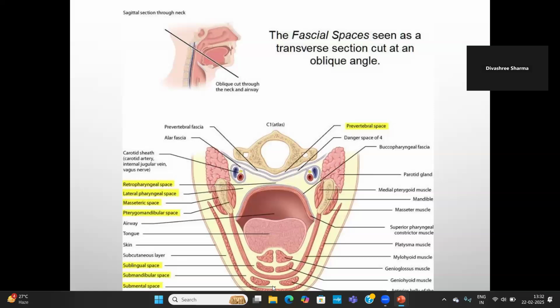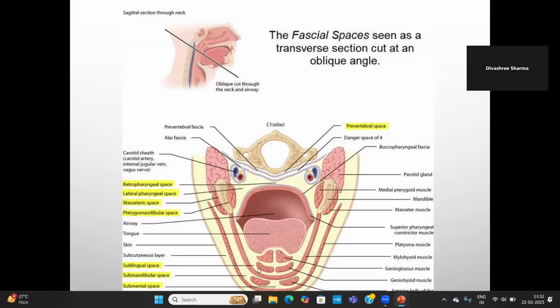Now, between the anterior and the posterior belly of the digastric will be the submandibular space, which can be appreciated here. The posterior belly of the digastric is not seen in this section. This is the submandibular space, which lies below the mylohyoid muscle.